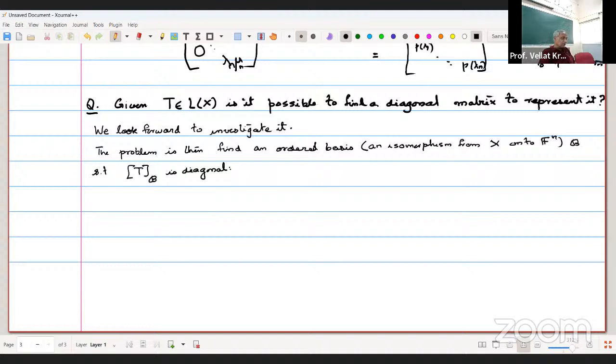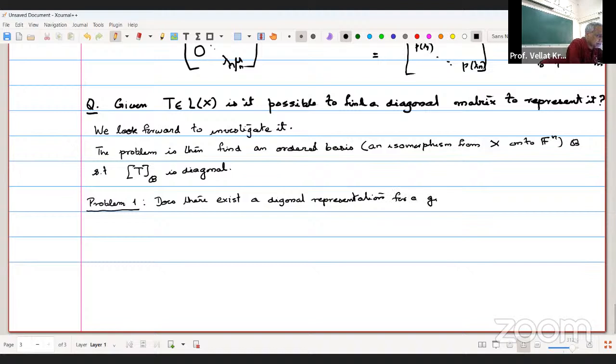Okay. So let me just make a note of it. What's the problem in this? There exists a diagonal form. That's the first question.